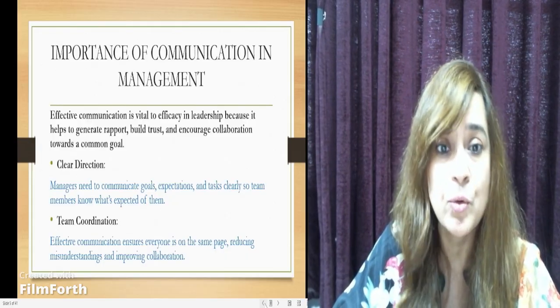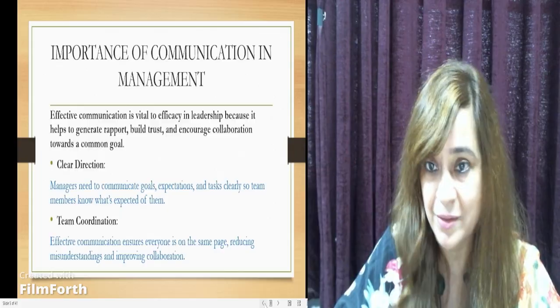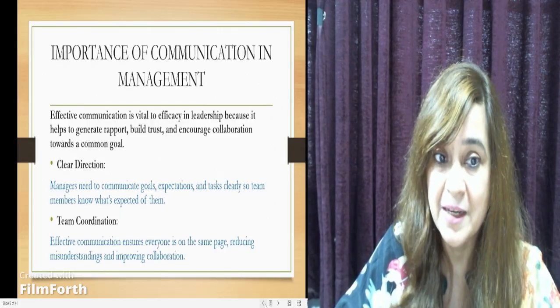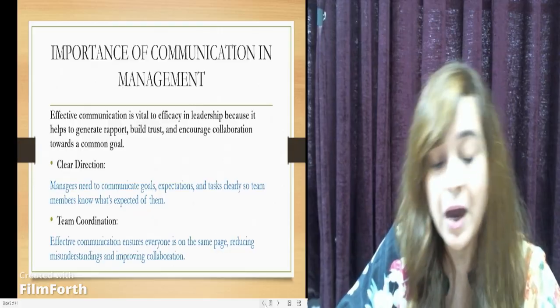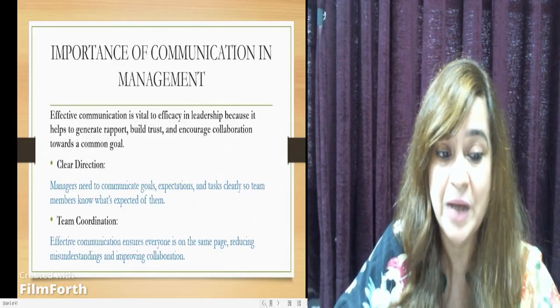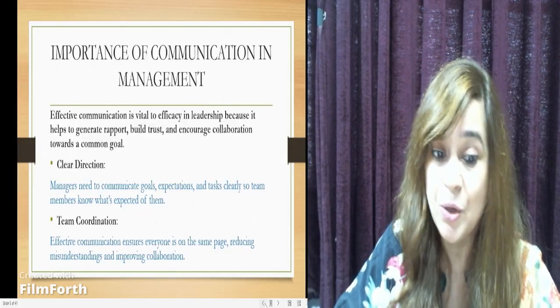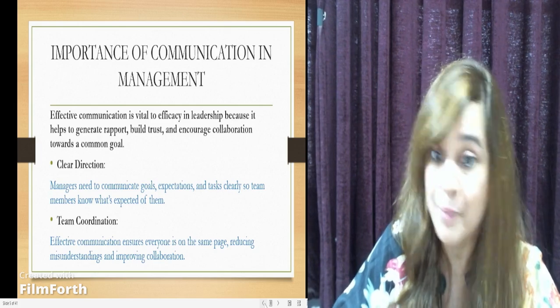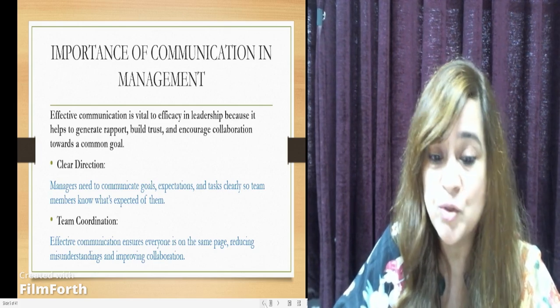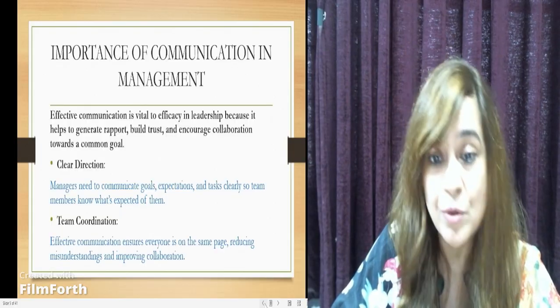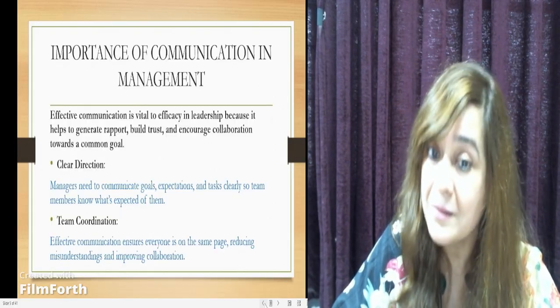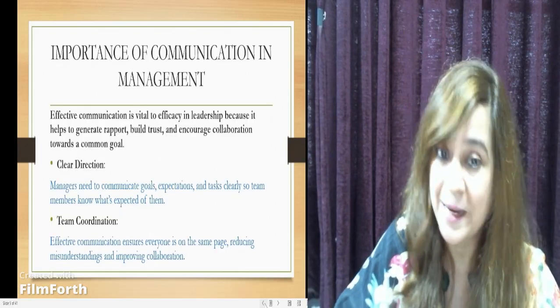And the common goal for any business organization is success. Definitely. So the first goal here is clear direction. The managers need to communicate the goals and the expectations that the company has, and it has to be disseminated to all the members, and members also have to be told what is expected of them.